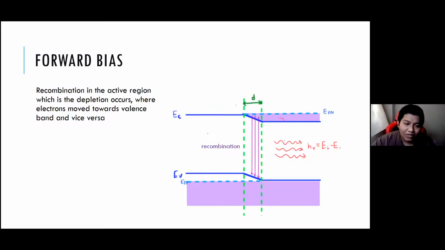But then here we have more electrons on this part, and we also have more holes on this part. So when electrons recombine from the conduction band to the valence band, it produces hv, which is the photon radiation. The E2 here is point 2, and here is point 1. So what it means is that the radiation energy would be E2 minus E1.